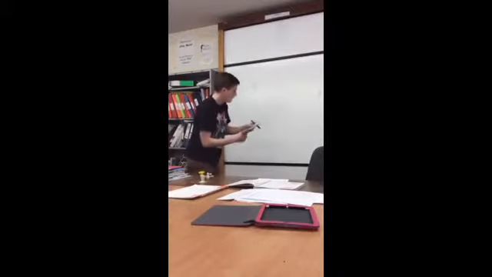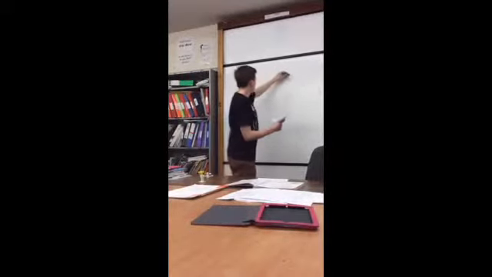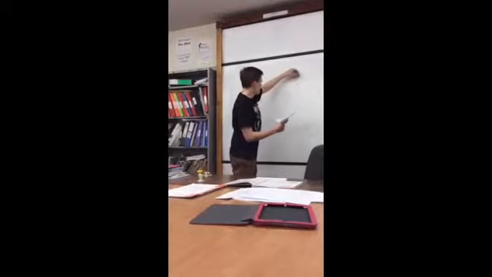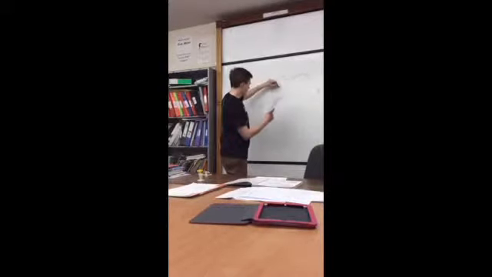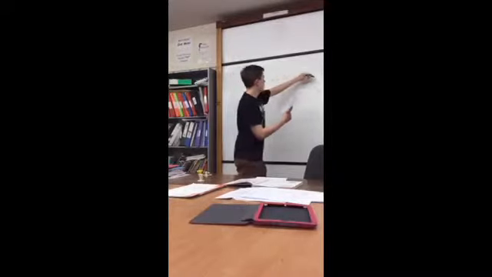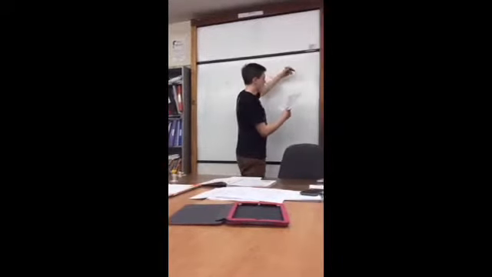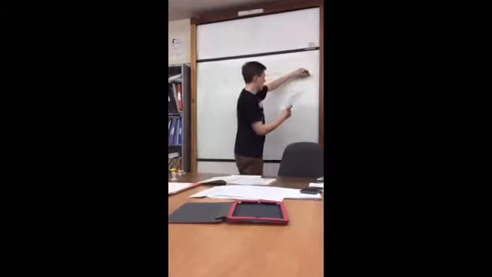So simply, the Planck's constant is 6.63 times 10 to the minus 34 joule seconds, multiplied by 3 times 10 to the power 8 meters per second, divided by the wavelength, which is given as 6.3 times 10 to the minus 7 meters, which gives you the final answer, when rounded, of 3 times 10 to the minus 19 joules.